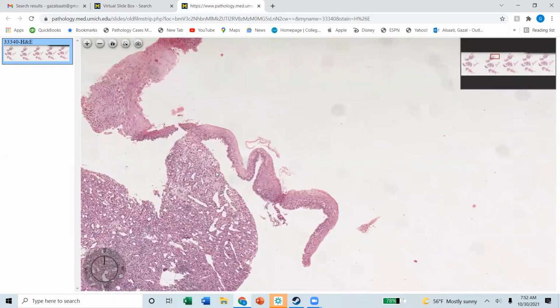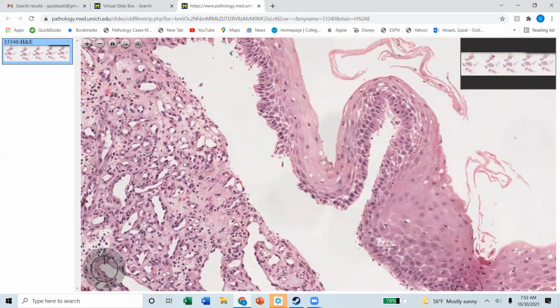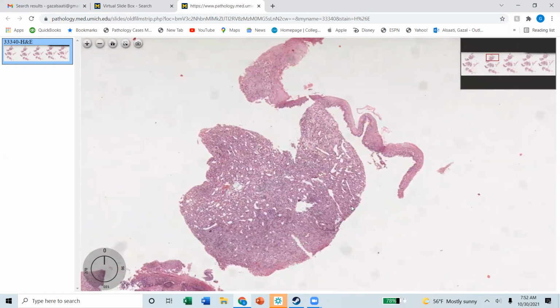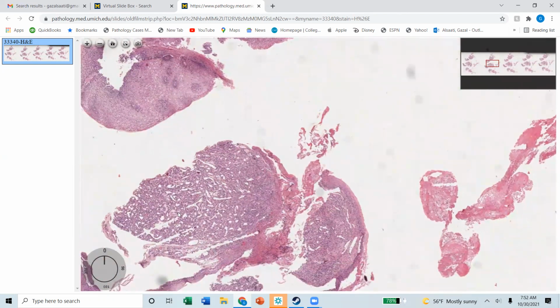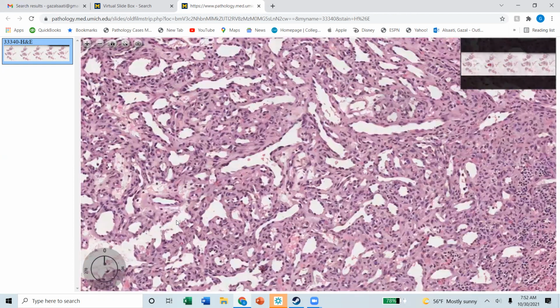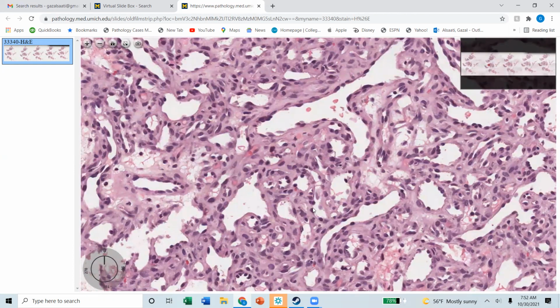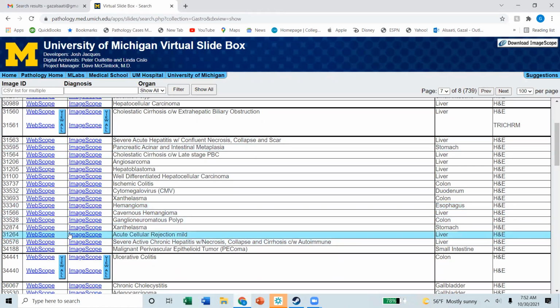As far as I remember from my soft tissue, the edges of that lesion should not be infiltrative. But definitely it's almost like a cavernous hemangioma. Lots of vessels and, nice.